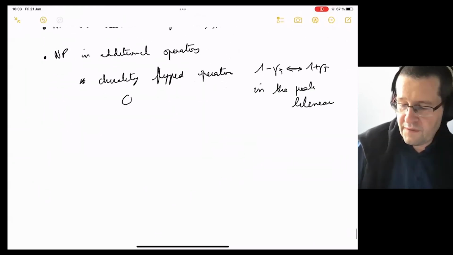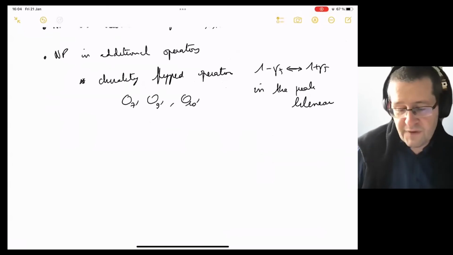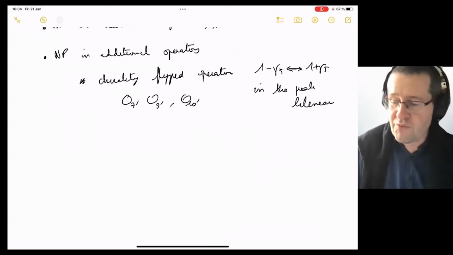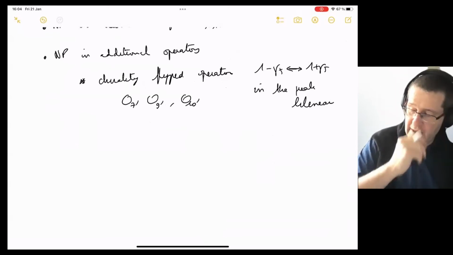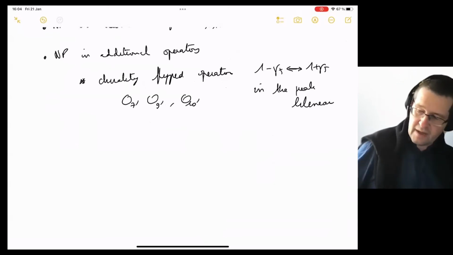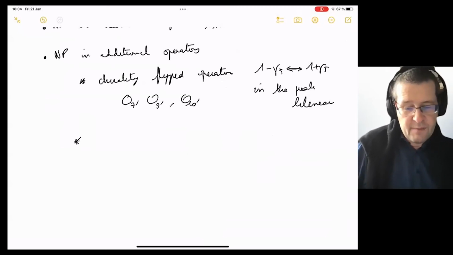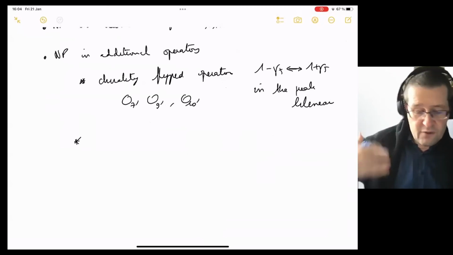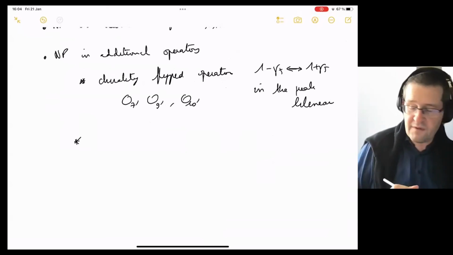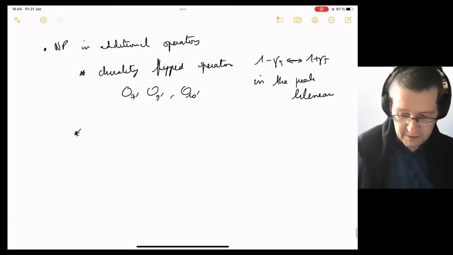So these ones are with prime. Actually, they're already present in the standard model, but very much suppressed. There is a suppression of M_S over M_B, so that's why you don't see them. You don't get them as being the main operators. But in the presence of new physics, obviously, they could, in principle, reach the same level of deviation, the same values as the standard model ones.